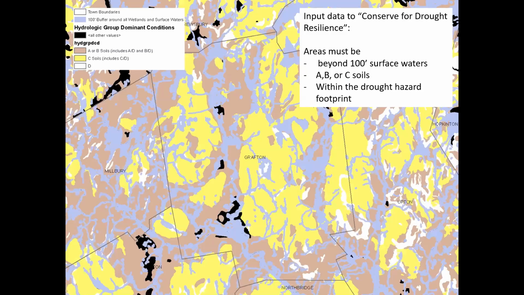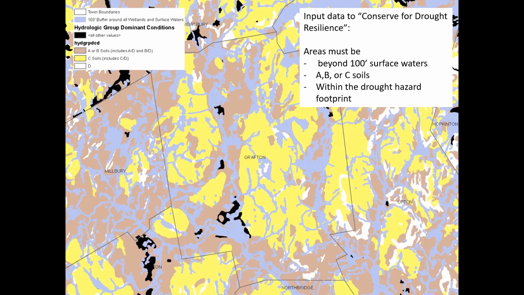And then I want to show you what we came up with from Vicki and Ellie's advice, which was to focus not just on the more porous soils, the A and B soils, which are shown here in brown, but also to look at type C soils, which are in yellow.